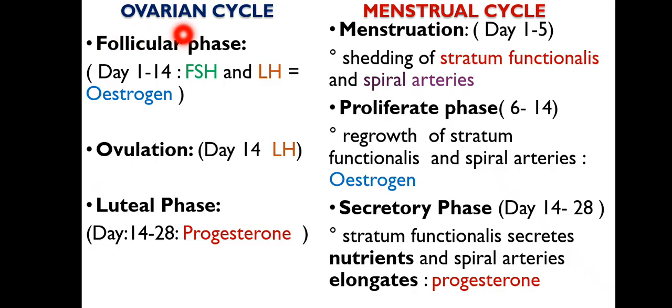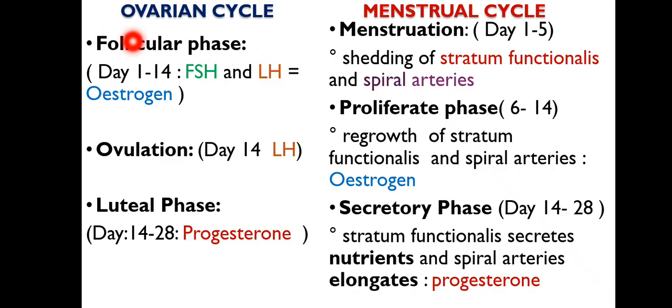On the follicular phase, we said the follicular phase takes place from day 1 to day 14. So what else do you have to know on the follicular phase? I mentioned from day 1 to day 14 because day 14 is the ovulation day. But what happens before day 14, from day 1 to the actual day 14, is what we call the follicular phase.